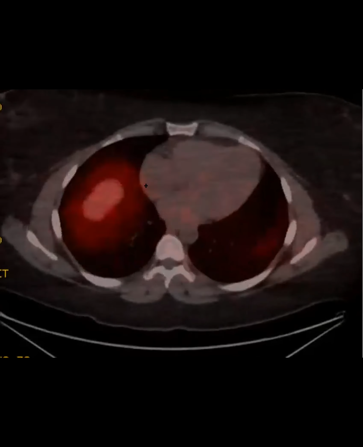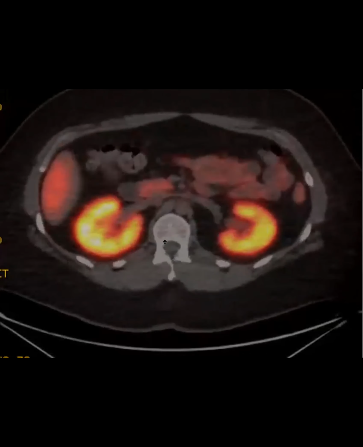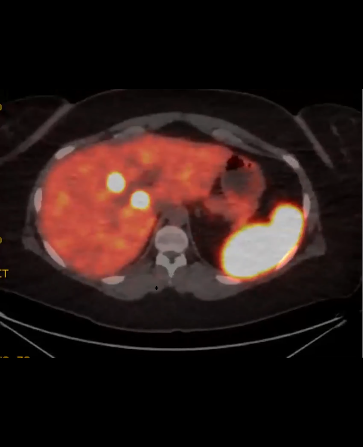But this is the tricky thing about neuroendocrine, which is what a lot of people advocate, that dotatate is really the test to go to, especially for these bone mets. You'll see a lot more of them on dotatate than on MR or CT. And PET MR can be a nice future combo study that will help you see which ones are mets and then quantify or diagnose the other liver lesions.